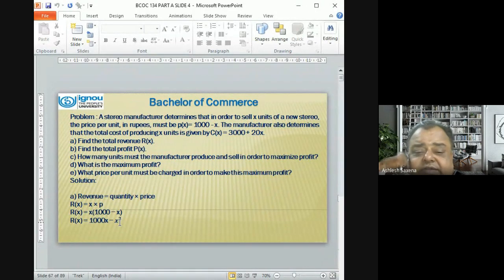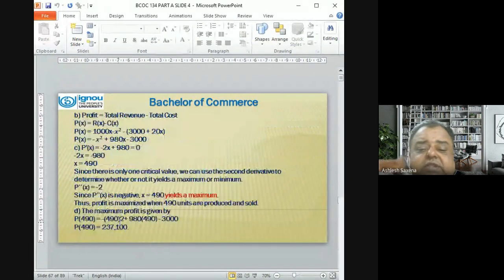X into 1000 minus X, which comes out to be 1000X minus X squared. Profit is total revenue minus total cost. Total revenue is 1000X minus X squared, minus 3000 plus 20X. On solving, you will get Px is equal to minus X squared plus 980X minus 3000.